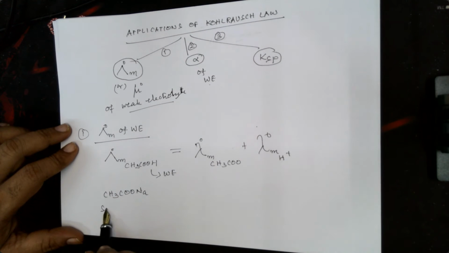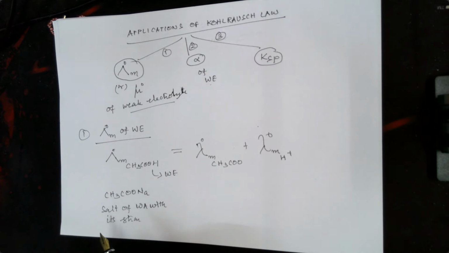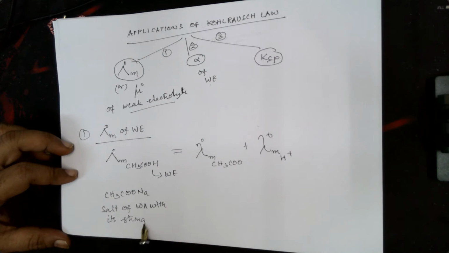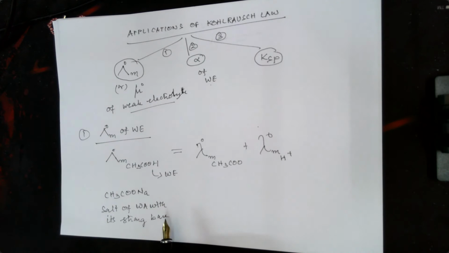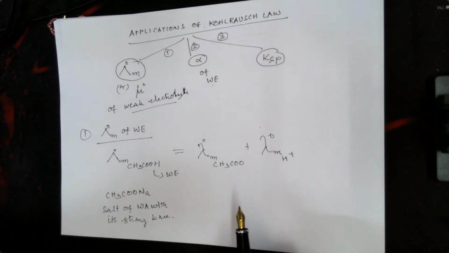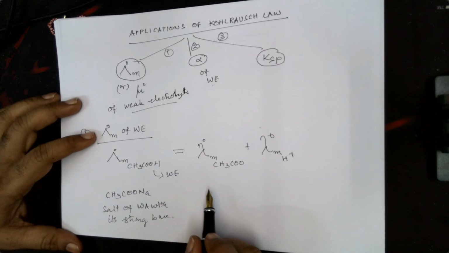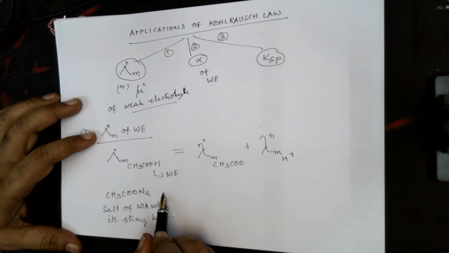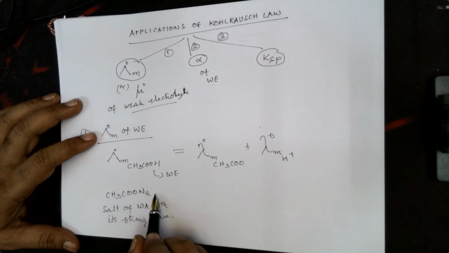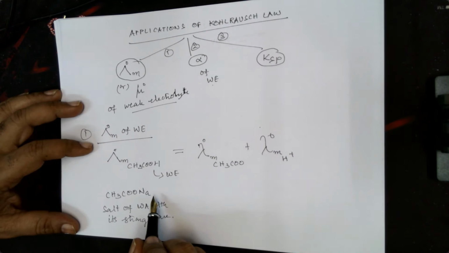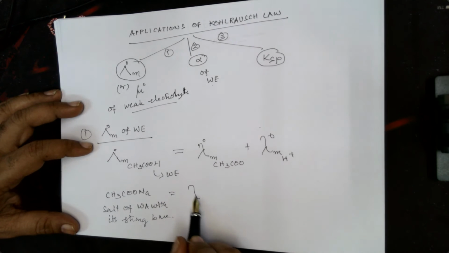So this is the salt of weak acid with its strong base. From this we can have Na plus, is it not?